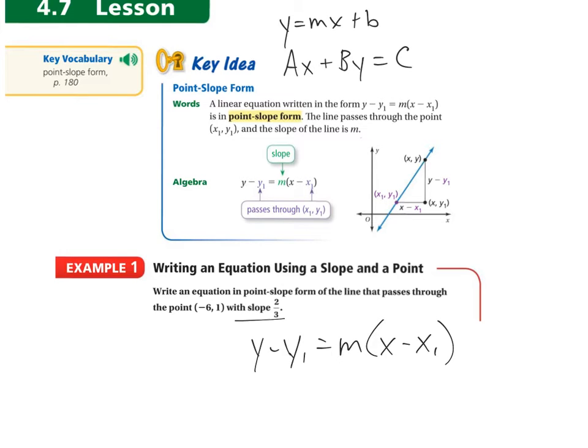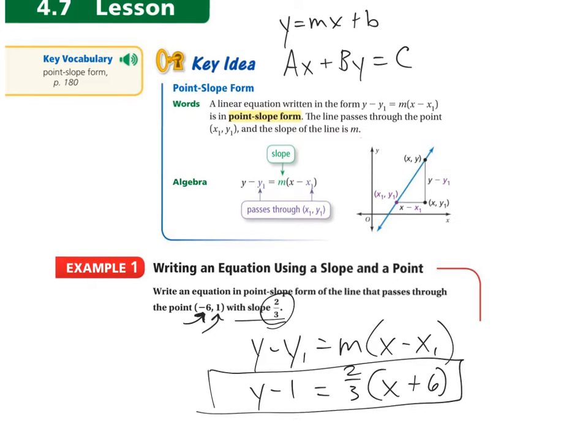So here it would just be set up as y, and then the value of y in my point is 1, so y minus 1 is equal to my slope, which is 2/3, and then x minus this x value, which is -6, so minus -6 would be +6, and I'm done. So this would be point slope form for this particular example.